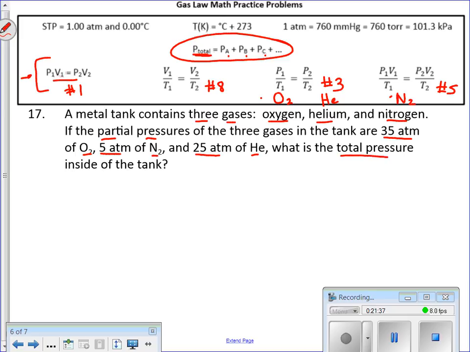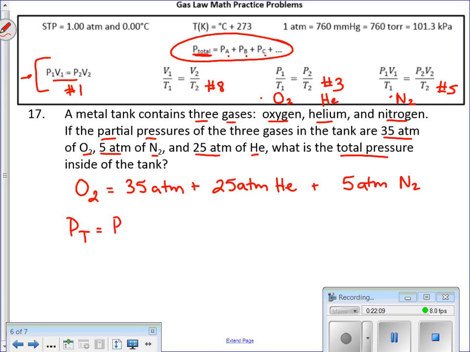Okay, so oxygen has a pressure of 35 atms. Helium has a pressure of 25 atms. I did this out of order, sorry. And nitrogen has a pressure of 5 atms. So the sum of the pressures of all of these gases should add up to the total pressure. So P total is equal to the pressure of oxygen plus the pressure of helium plus the pressure of nitrogen.